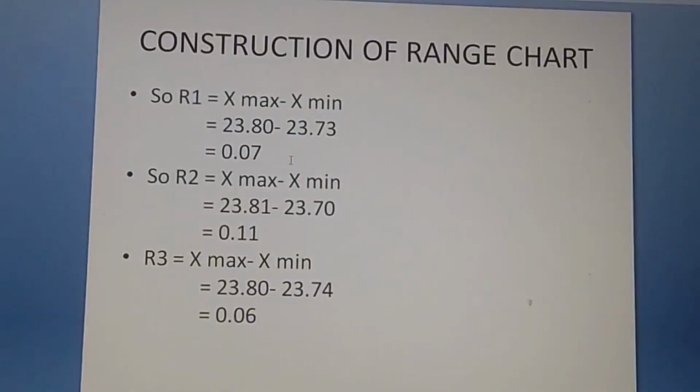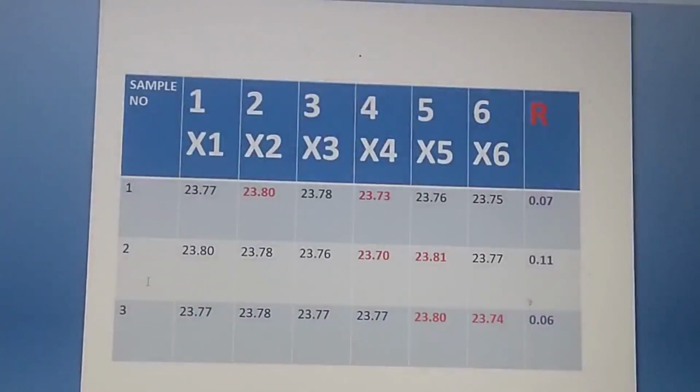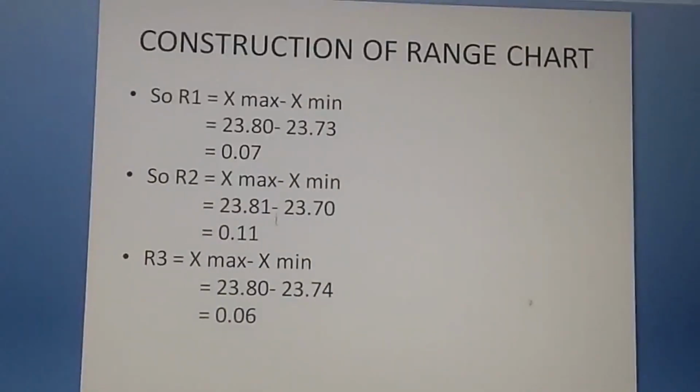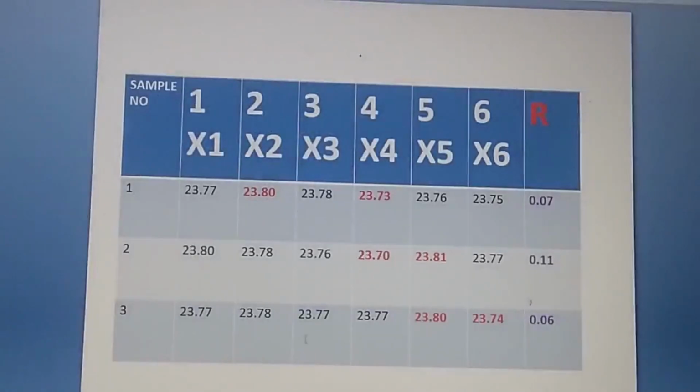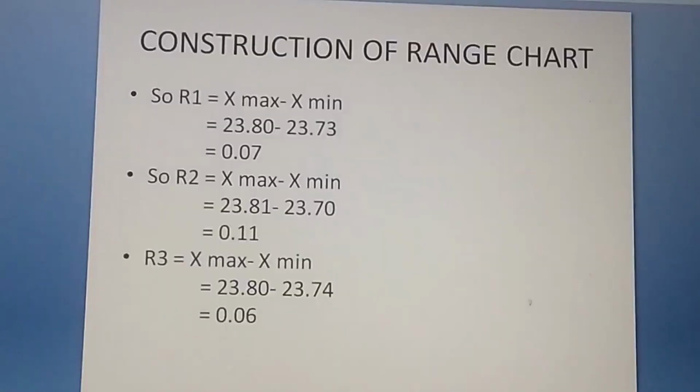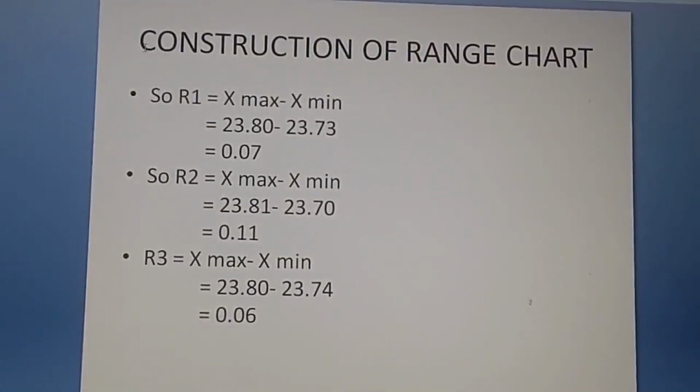It is calculated here. Similarly, I have highlighted the maximum and minimum values in red color for sample 2. 23.81 is the maximum value and 23.70 is the minimum value. So their difference will be 0.11. It is calculated here. Similarly, for sample number 3, X maximum minus X minimum will be 23.80 minus 23.74. In this manner the ranges are calculated.